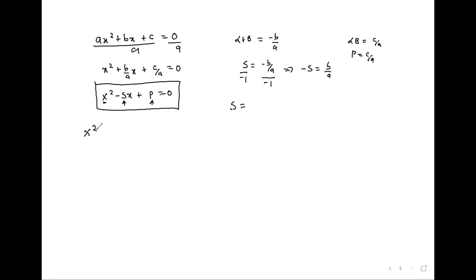So we have x squared minus S, as we found, 4k minus 6, x outside, plus P, which we found to be 9, is equal to 0. Then we expand, so we have x squared minus 4kx plus 6x plus 9 is 0. Take this to the other side. Then you have x squared plus 6x plus 9 is 4kx.